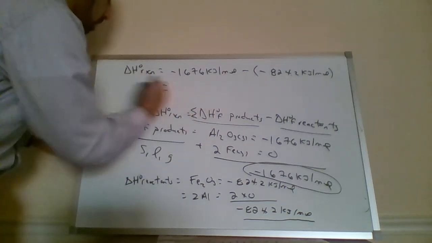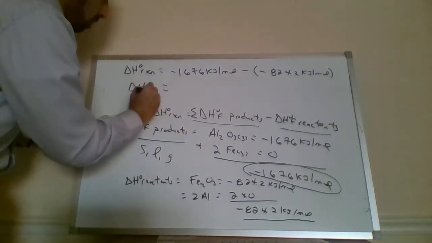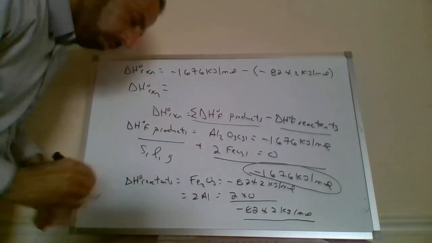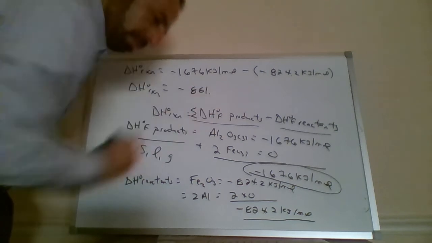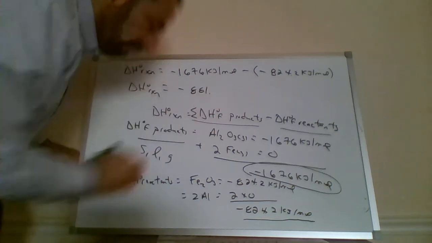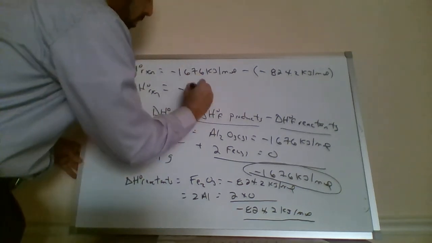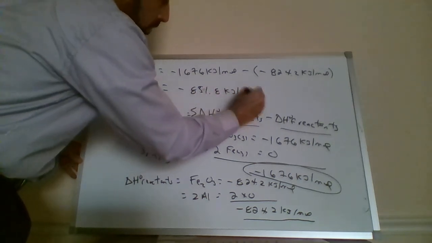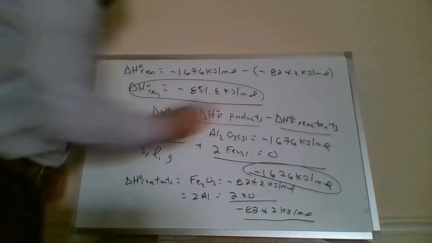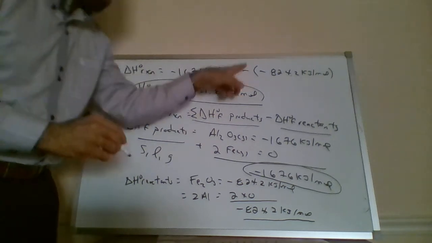When I do this, my delta H of the reaction now is going to be negative 851.8 kilojoules per mole. So again, products and then minus the reactants.